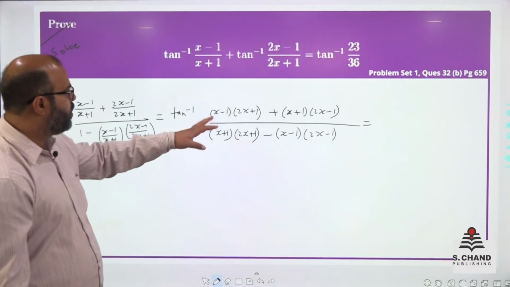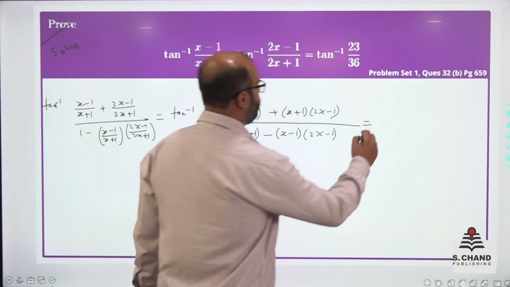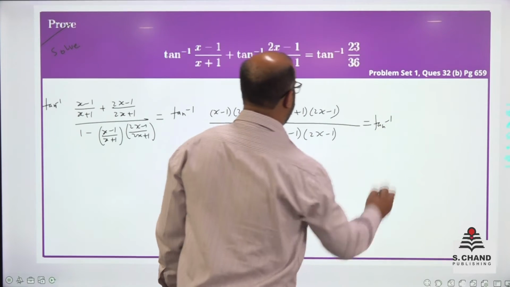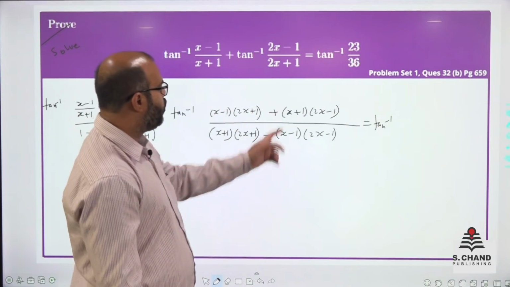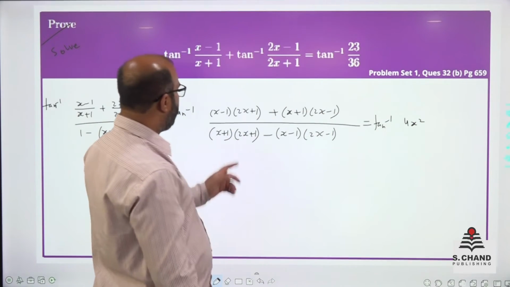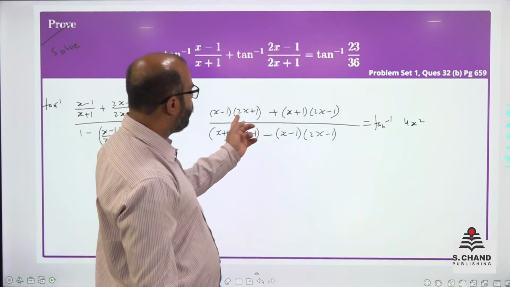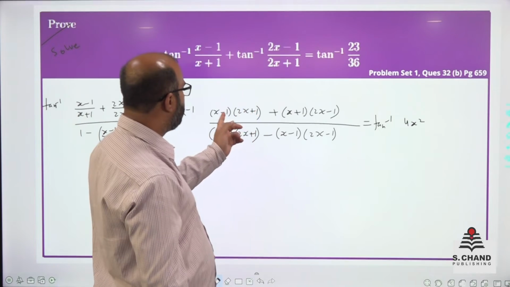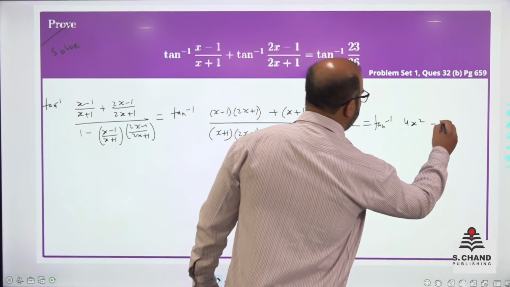Now when you simplify the terms inside, what you will get: tan inverse of 2x square and 2x square is 4x square, and minus 2x plus x, the minus x from here and plus x from there will cancel, minus 1 minus 1 is minus 2.